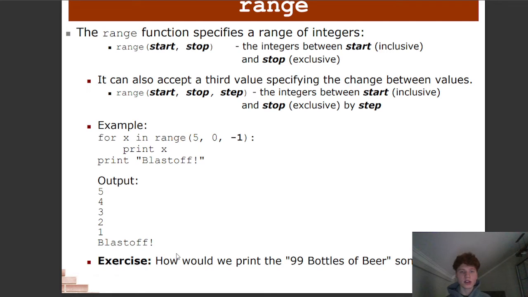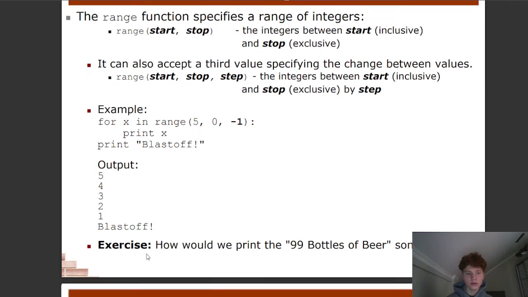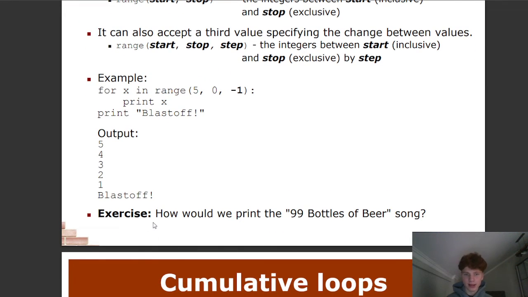Range(start, stop, step): the integers between start inclusive and stop exclusive by step. Example, output. Exercise: how would we print the 99 bottles of beer song?